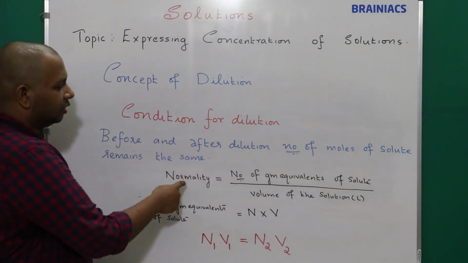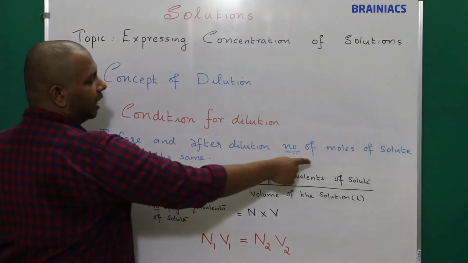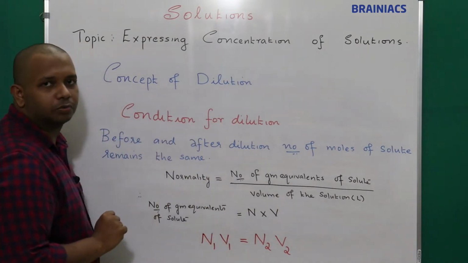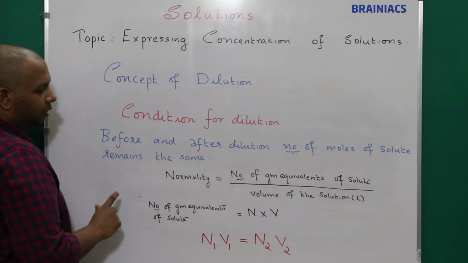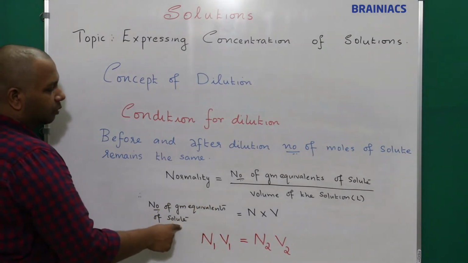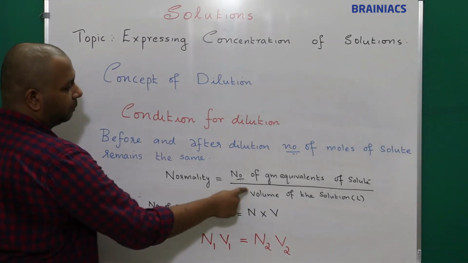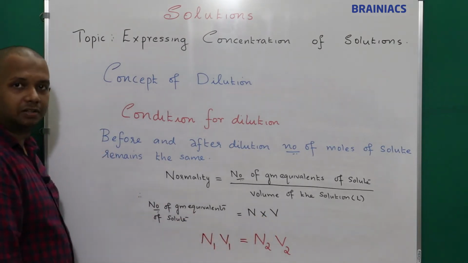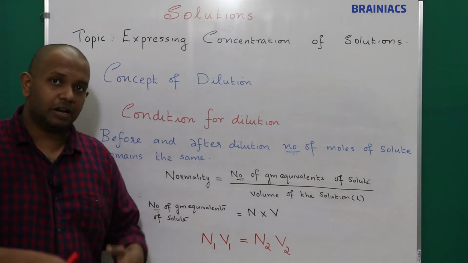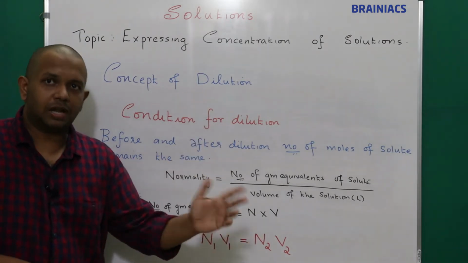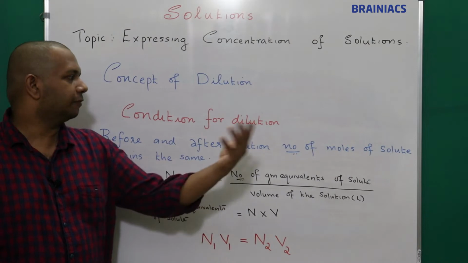Normality is equal to the number of gram equivalents of the solute divided by the volume of the solution in liters. So the number of gram equivalents of the solute is equal to normality multiplied by the volume of the solution. Correct? The number of gram equivalents of the solute before dilution is equal to the number after dilution.